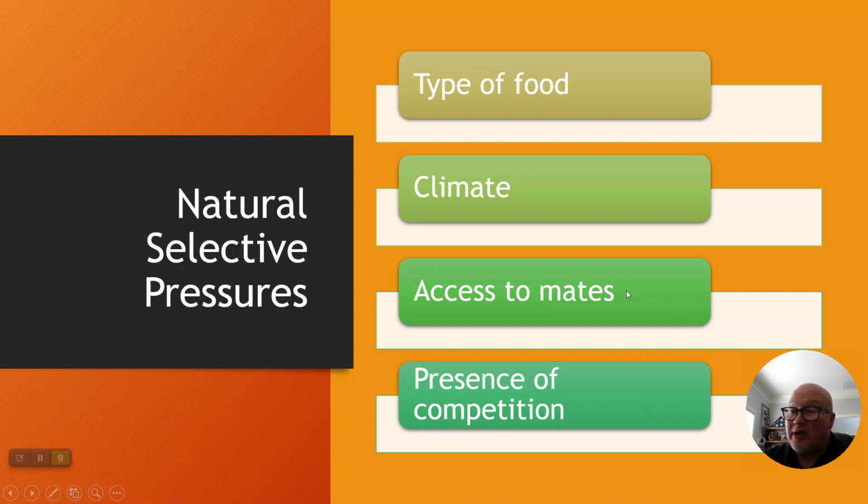Those that are better at accessing mates are going to be the ones who put their genes in the next generation. So whatever characteristic gives an organism an advantage in any of these categories is going to cause that organism to live longer and put more genes in the next generation, and so the next generation will have more of whatever that particular trait was.